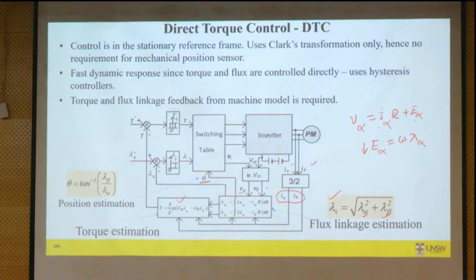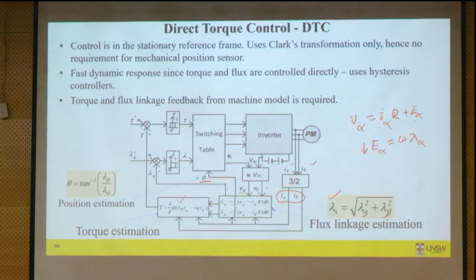Because you are dealing with a very small signal, your noise and your real signal you cannot separate, right? So estimation becomes very difficult at low speed. That's the issue for sensorless control at low speed when it depends on this back EMF.